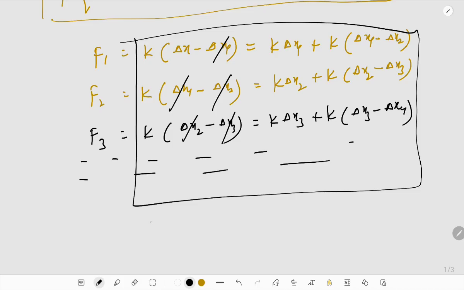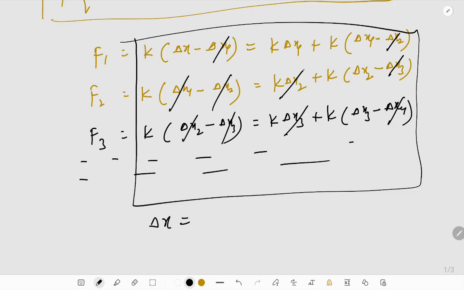On the right hand side, this thing cancels out, this thing cancels out, and so on.